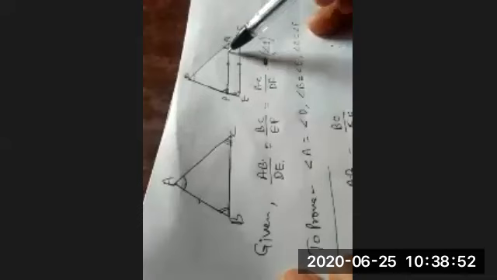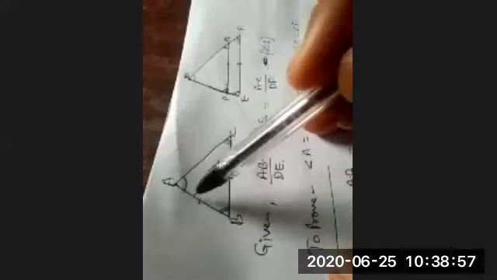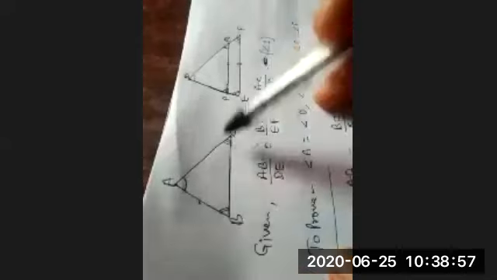Now we can say that AB divided by DP, BC divided by PQ, and AC divided by DQ, all corresponding sides are equal, since here we are looking at ABC and here we are looking at DPQ. Are both the triangles congruent or not? Yes, sir, the same triangles are there.